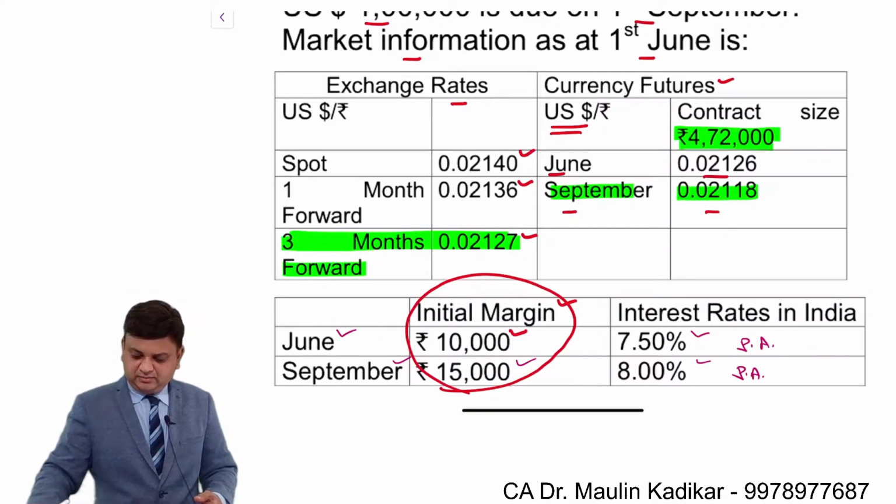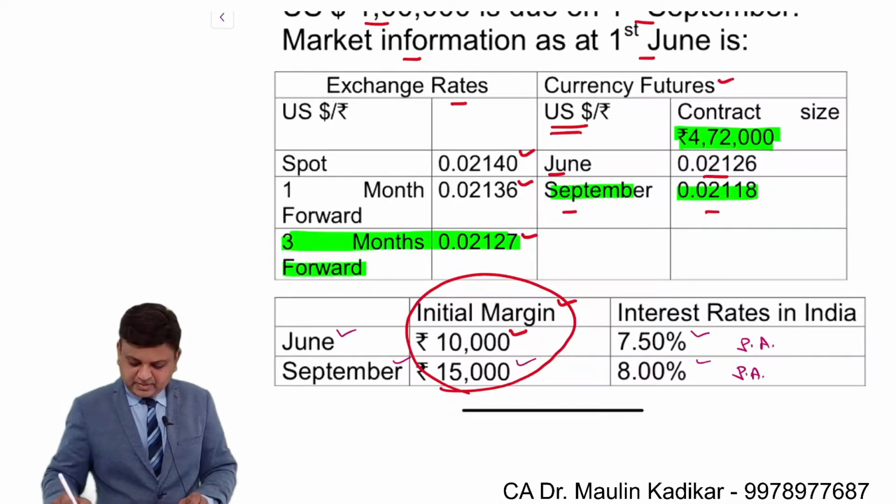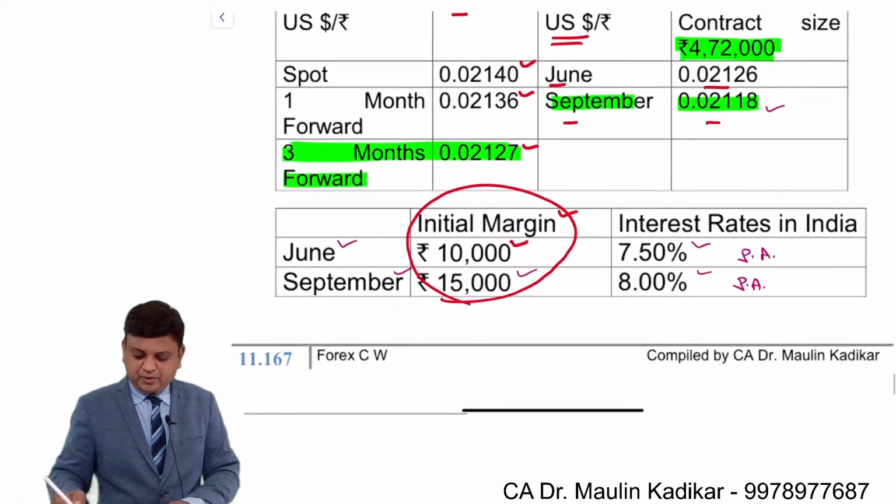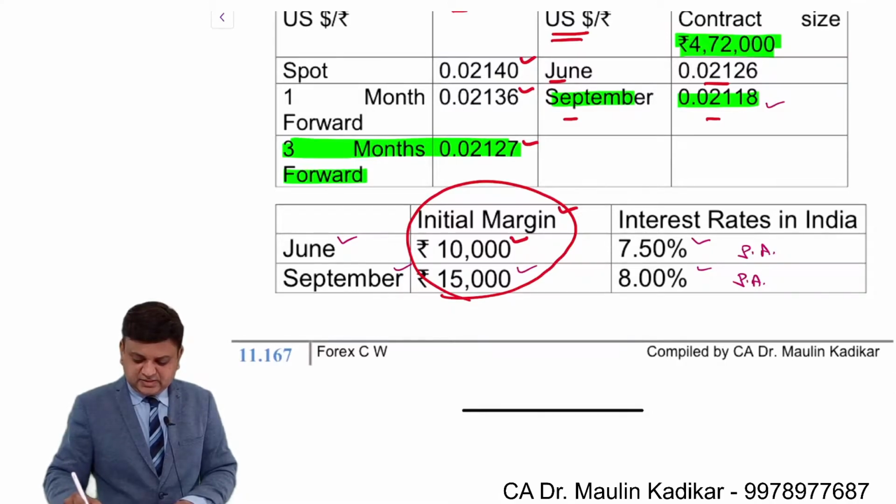Kindly use your calculator. 0.02118. This is the exchange rate into 4,72,000. That is the lot size. Product of both of them is $9,996.96.